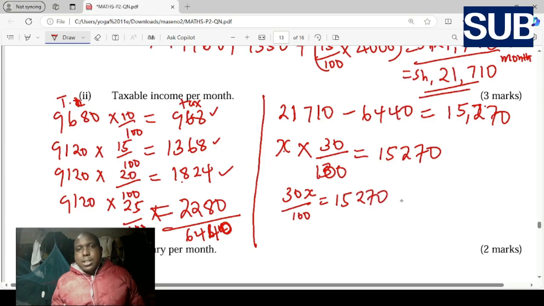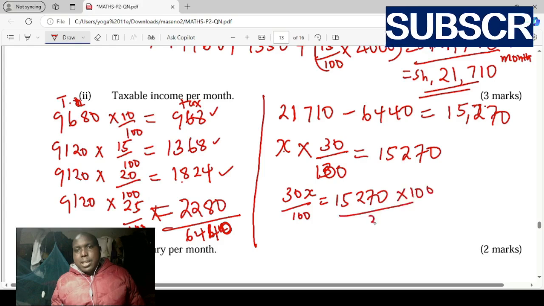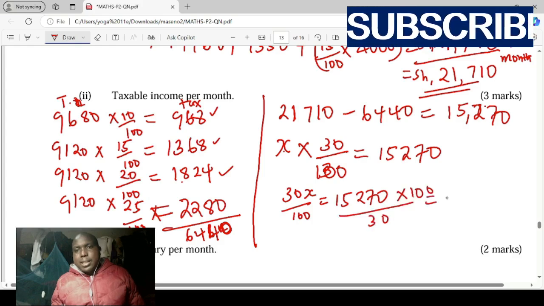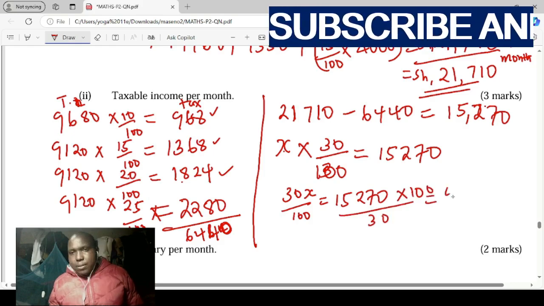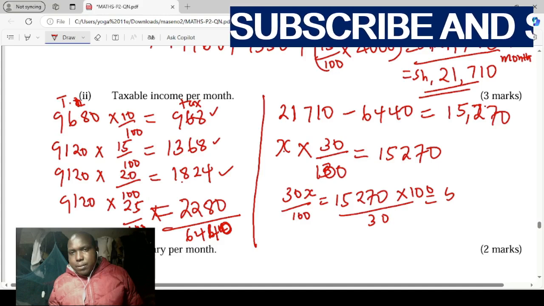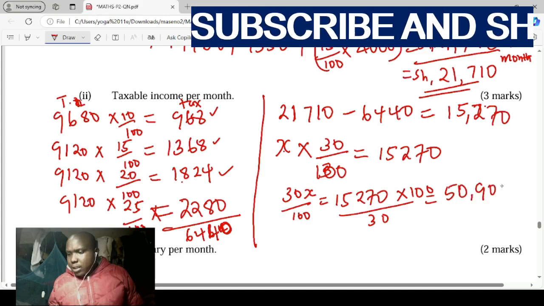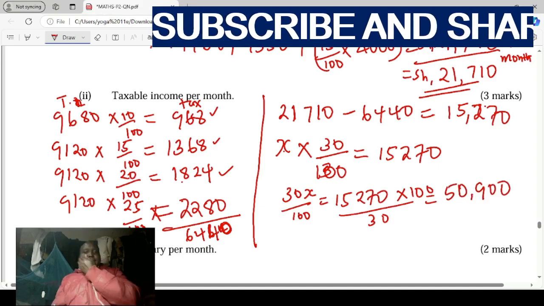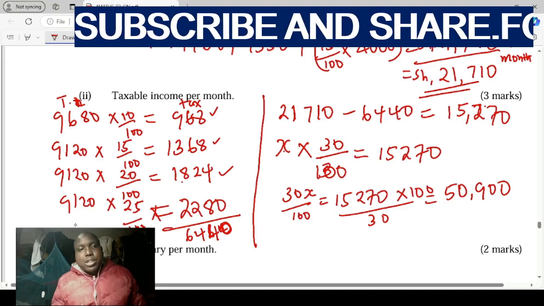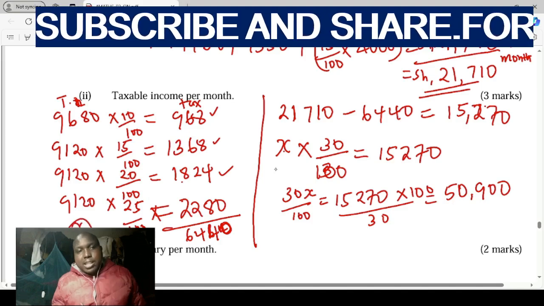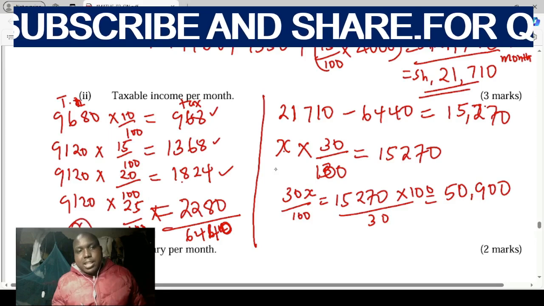So we want x, we can multiply times 100 divided by 30, na hiyo inatupea 50,900. So 50,900 hiyo ni taxable income kwa sababu iko on this side, our x is in this side. Unaona x iko hapa. Kwa hivyo hiyo ni taxable income.